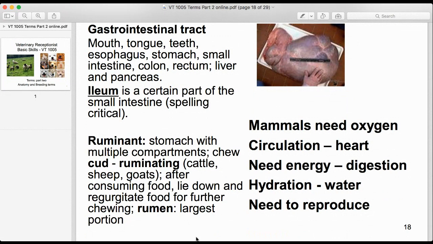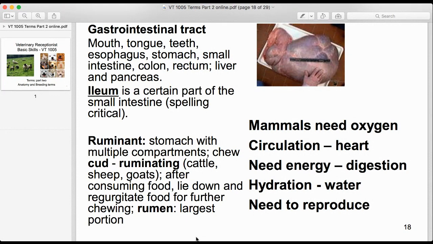And this lets them take in a lot of feed, and then they regurgitate it, they ruminate it back up out of the rumen, and they chew it and swallow it again, and bring it back down into the following stomach areas for further digestion.